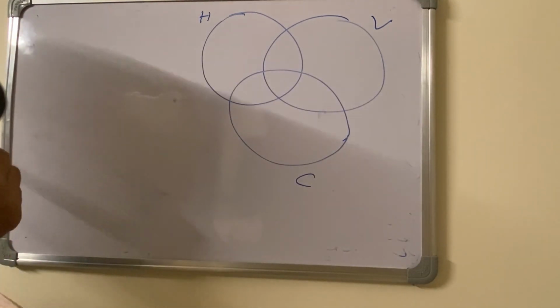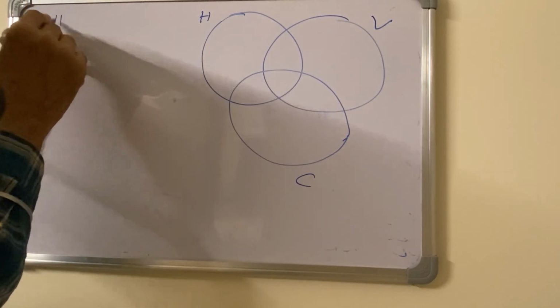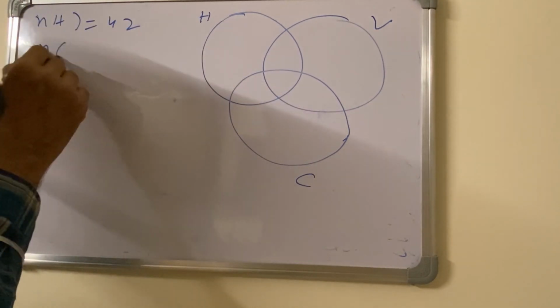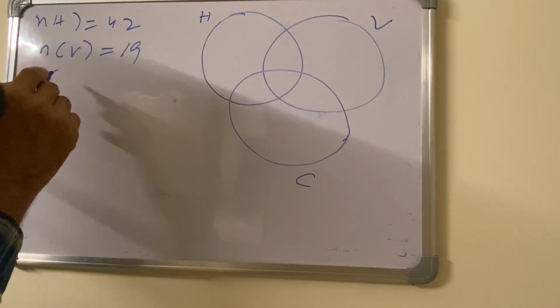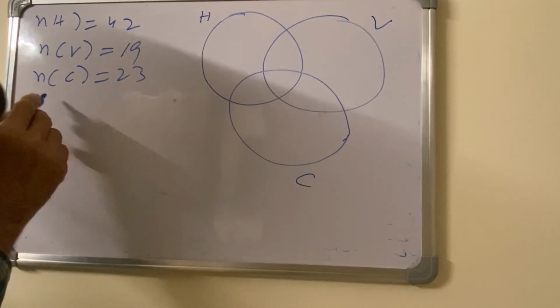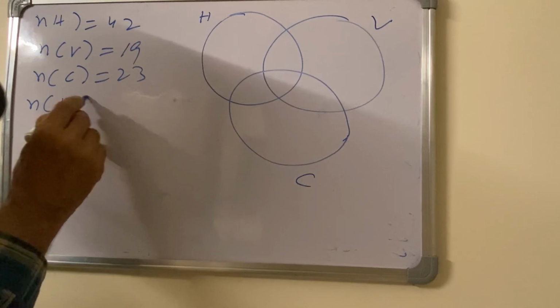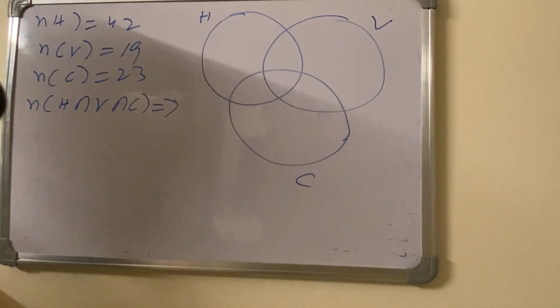And as we have seen from the question, number of men in hockey is 42, number of men in volleyball is 19, number of men in cricket is 23, and common, n(H ∩ V ∩ C), is 7.